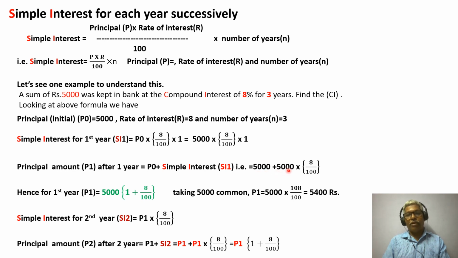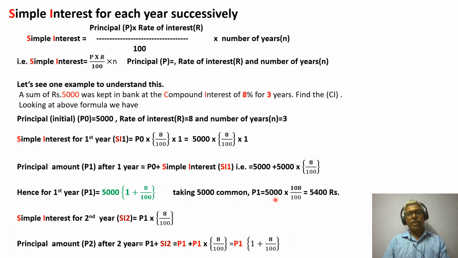If we take 5,000 common, we get 5,000 into 1 plus 8 upon 100, that is P1, the principal for the first year. We are not trying to solve this bracket because we need it as it is to derive the formula.